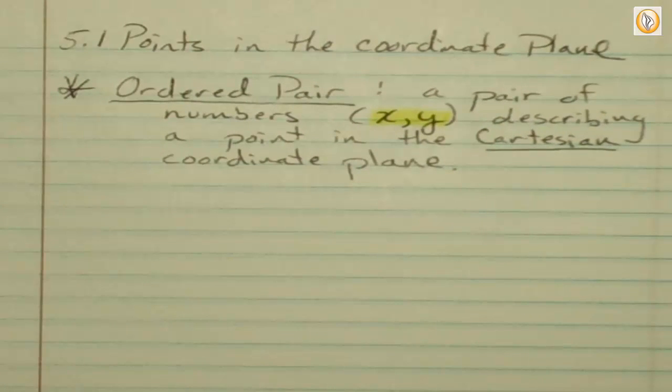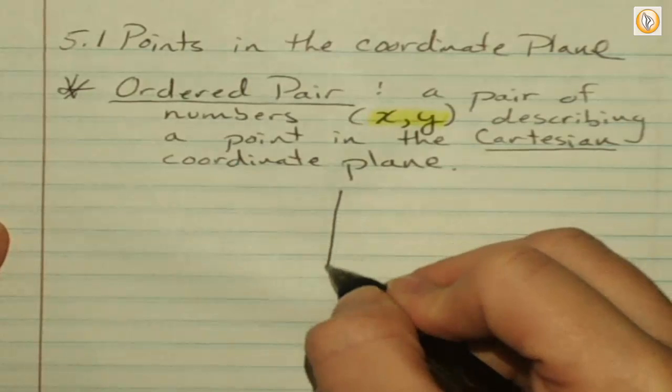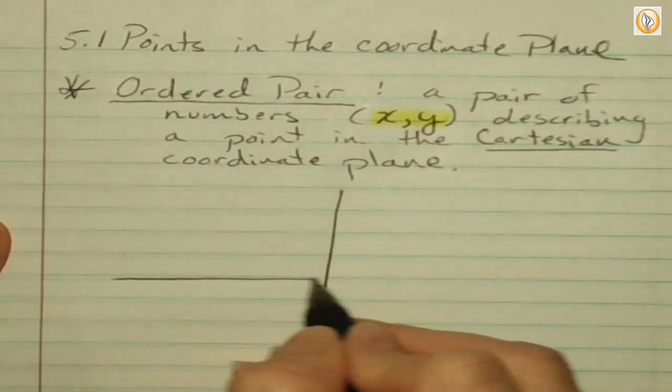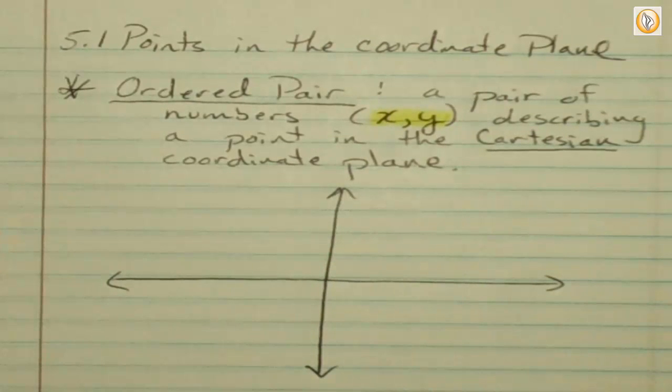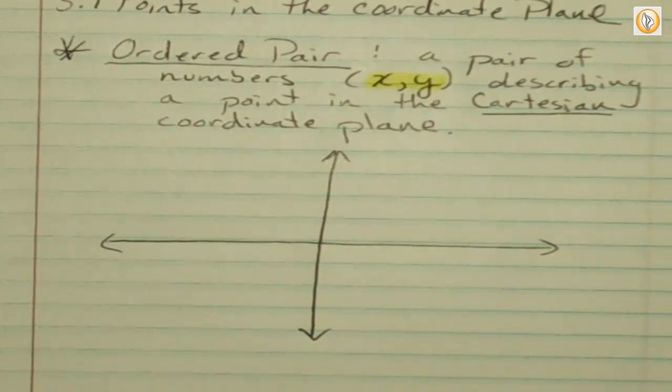Guys, it's called a Cartesian plane. If you forget the word Cartesian, it's not the end of the world, but you do need to know what a coordinate plane is. Coordinate plane is this. Get used to this, and pretty soon you're going to be drawing these out, and my rule is you will be using rulers. I don't get strict on too many things, but these Cartesian planes, coordinate planes, I'm strict with.